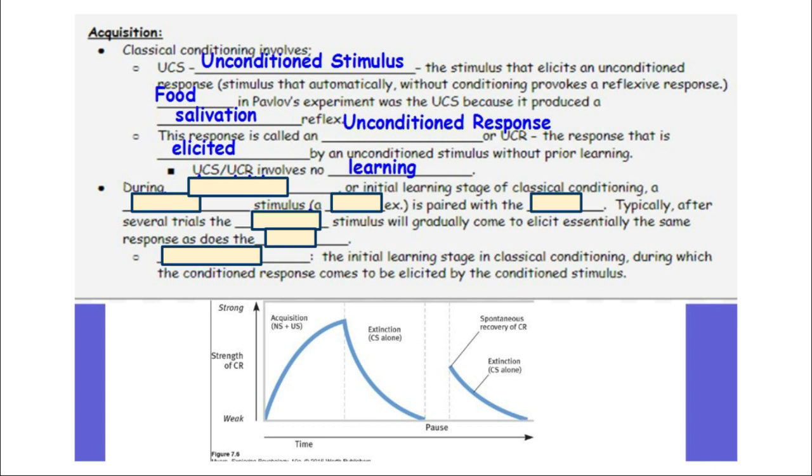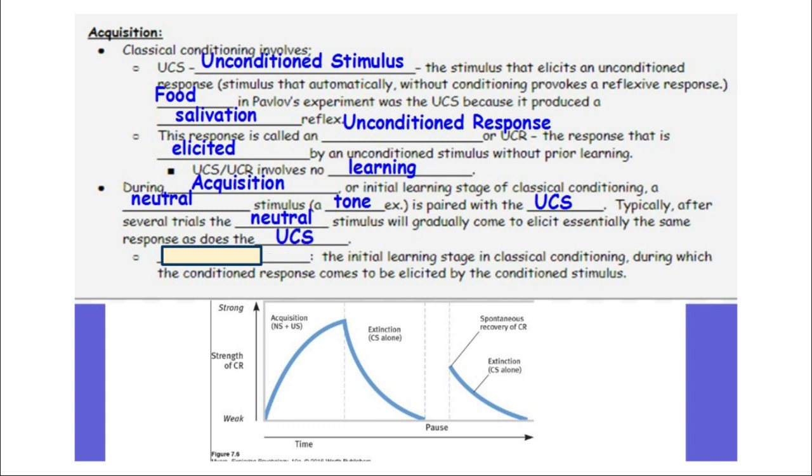Okay, during acquisition, or the initial learning stage of classical conditioning, we present our unconditioned stimulus and the neutral stimulus, be it the tone. After a series of trials, the neutral stimulus is gradually going to elicit the same response as the unconditioned stimulus.